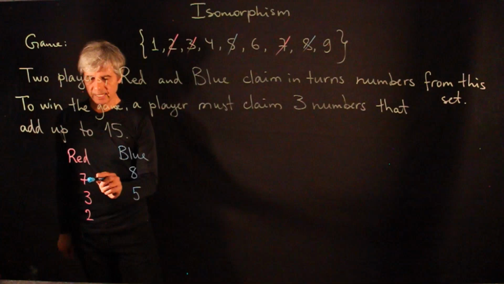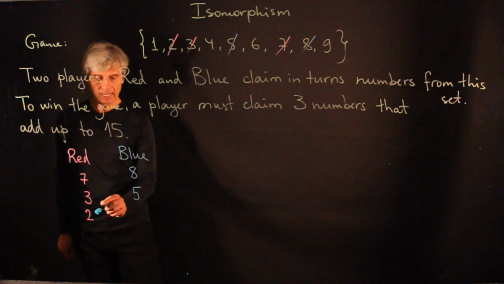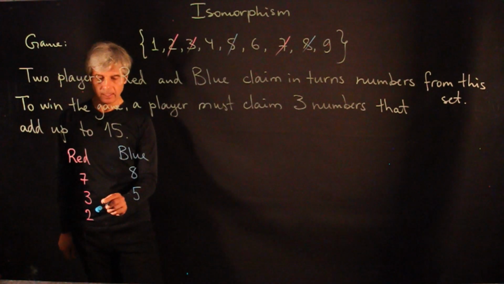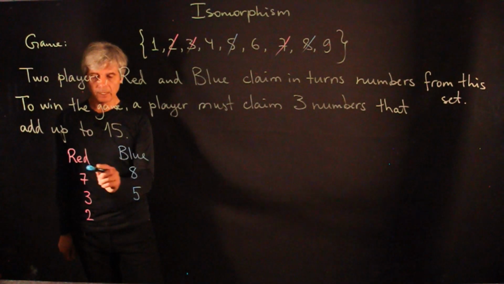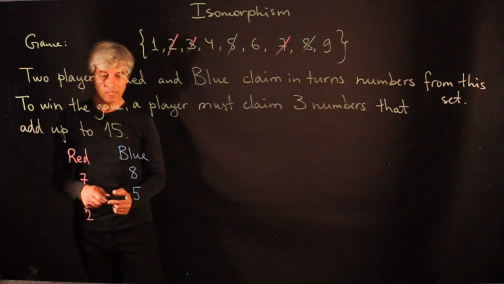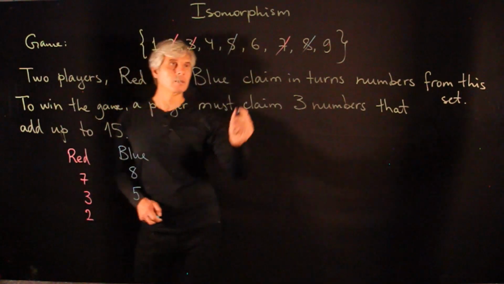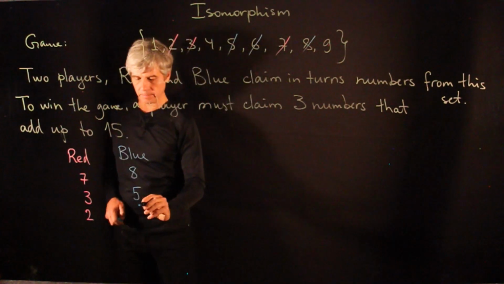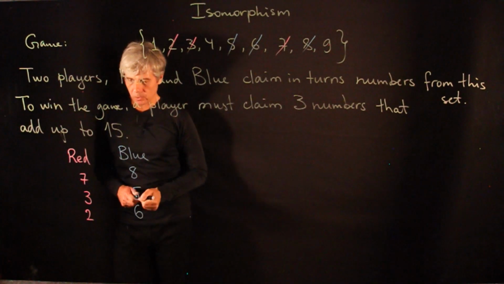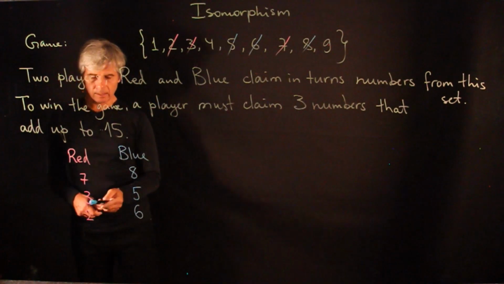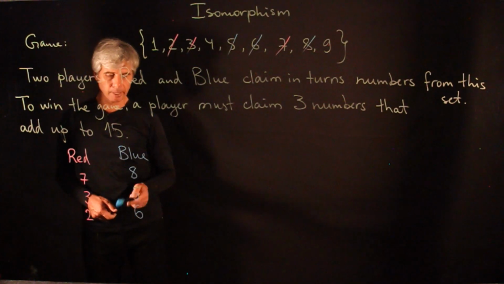There is also 7 and 2, which is 9 together. So if red claims 6, then this will be 15. So in order not to lose, blue must claim 6 here. Now we can see that all of red's winning moves are already blocked by blue.